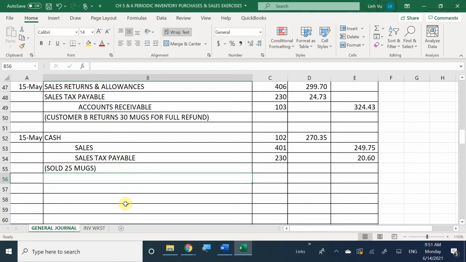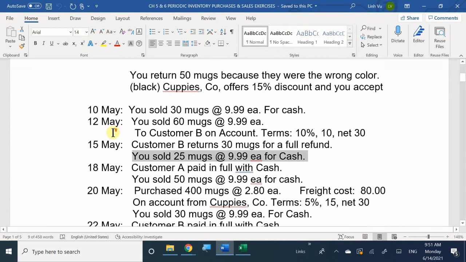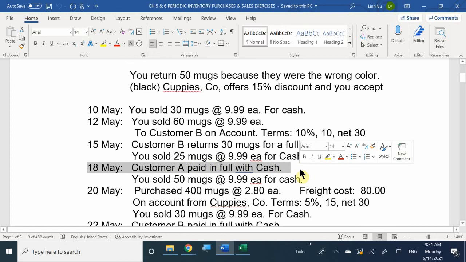Let's see if we have time to do one more transaction. Okay. So then let's see what happened here on the 18th of May. So customer A pays in full. Are we to assume that they pay on the terms that were given?